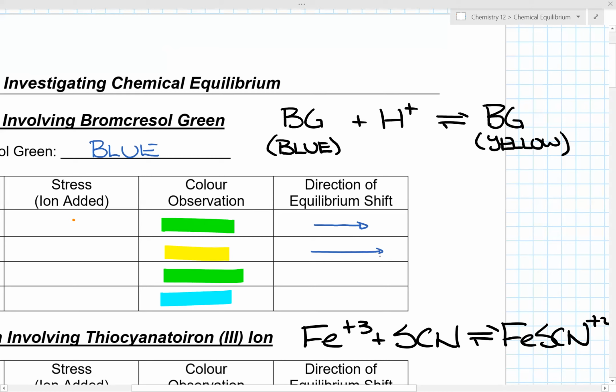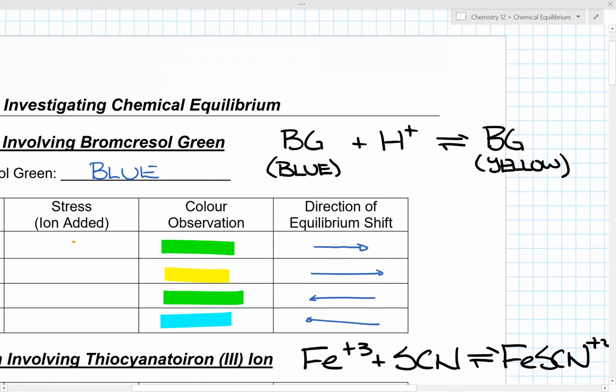In this case, the fourth step, it went to green. So which direction did it shift towards? Towards the reactants. That's right, because it went from yellow to green to blue. If it started at yellow, it went to green, which is halfway, then blue even more.